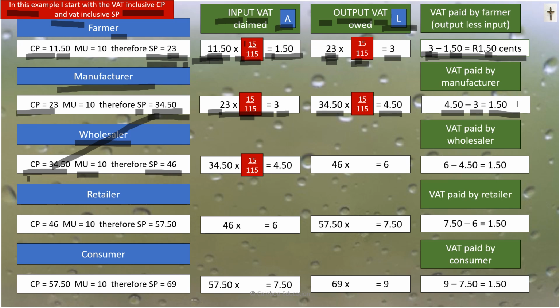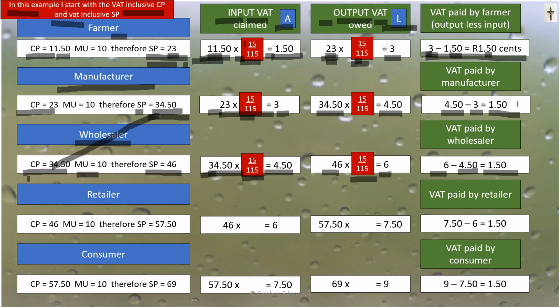So let's first work out input VAT. It's the cost price including VAT multiplied by the VAT fraction is equal to 4.50. Then the selling price including VAT multiplied by the VAT fraction is equal to 6. Output VAT minus input VAT is equal to what's owed to SARS and paid to SARS, 1.50.